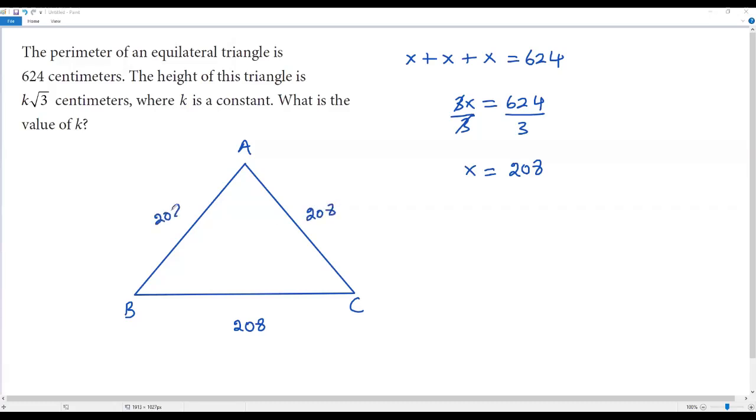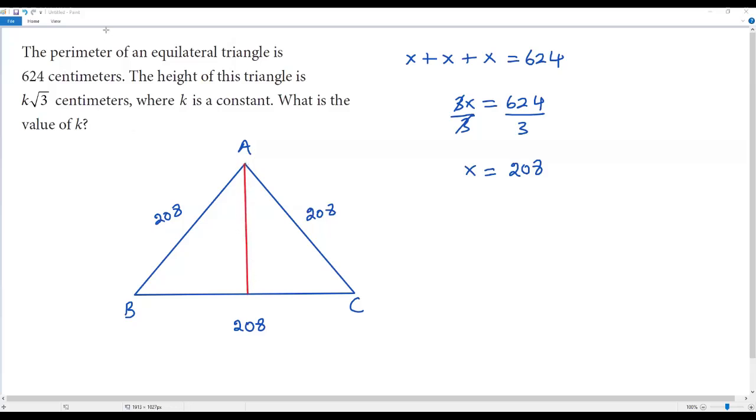Okay, now I'm going to draw the altitude for this triangle. Altitude means height. To draw an altitude for a triangle, we draw a line segment from one of the vertices to the opposite side. I'm going to draw the height from vertex A to the opposite side BC.